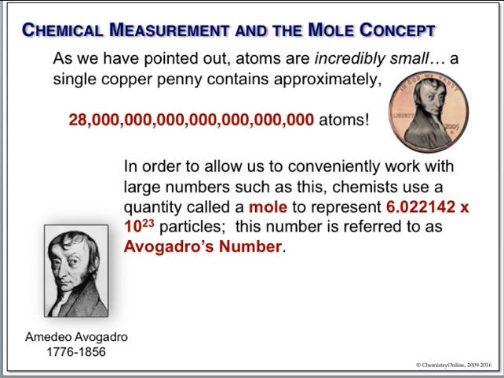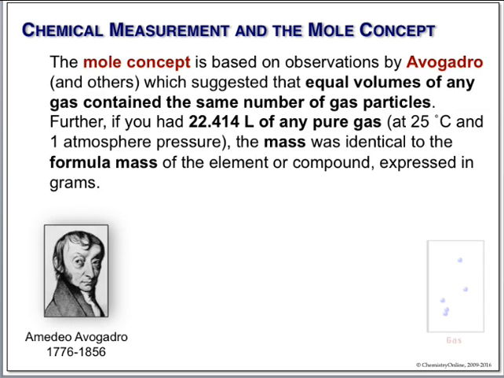The mole is just a number, it's a unit, and it is 6.02 times 10 to the 23rd. When we talk about Avogadro's number, this is it, 6.02 times 10 to the 23rd.